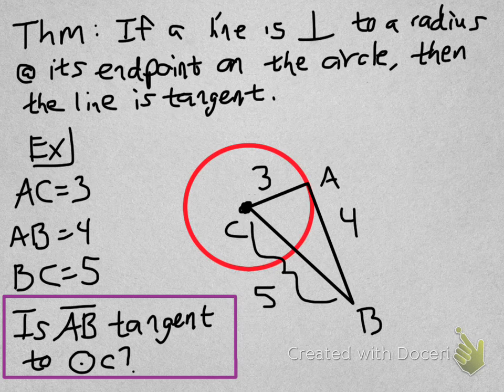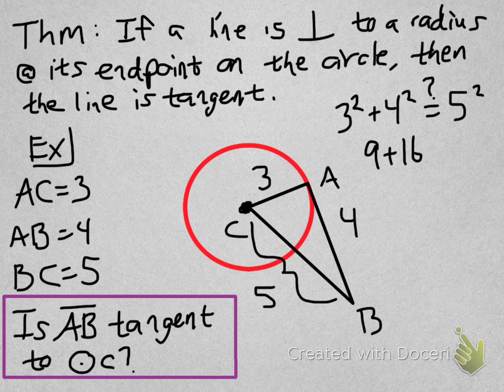Well, you can use the converse of the Pythagorean theorem. Say, 3 squared plus 4 squared. We're trying to see if that's the same thing as the hypotenuse squared, then it's a right triangle, right? Which is what we want. We want this to be a right angle. We want this to be a right triangle. 3 squared is 9. 4 squared is 16.